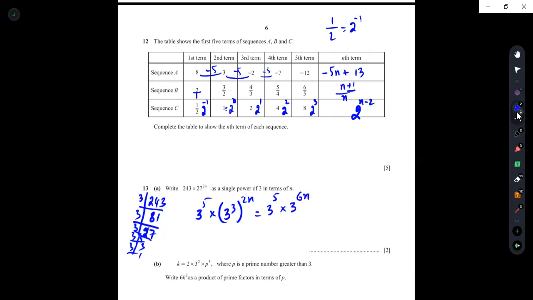And then finally, by applying the rule, when we are multiplying two numbers with same bases, we add the powers, which should be 3 raised to the power 5 plus 6n, or 6n plus 5. So we have converted this given number into a single power of 3 in terms of n. We can write 3 raised to the power 5 plus 6n as the answer of this part.